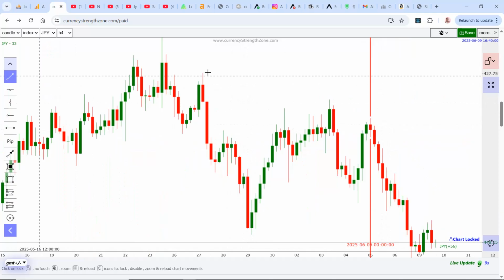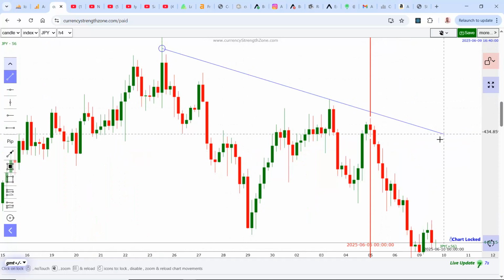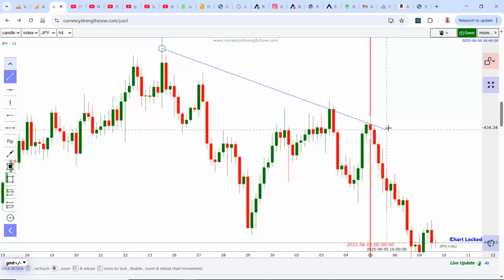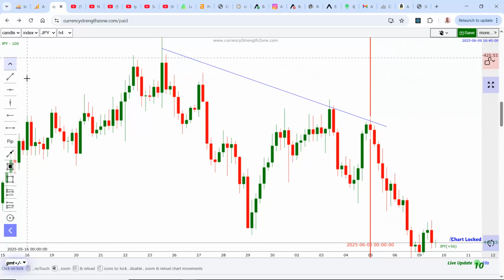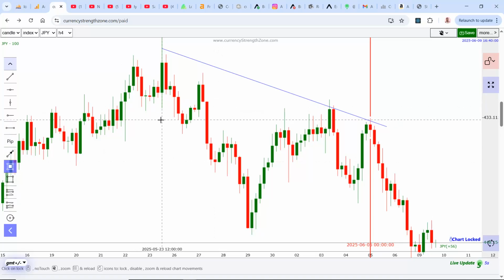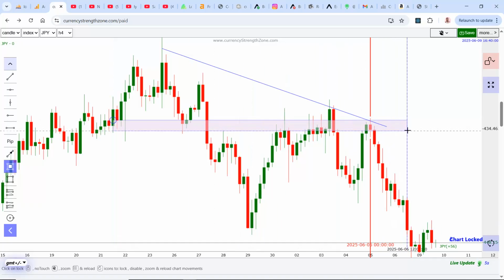So as you can see, you can have a trend line over here, a trend line setup indicating sell potential. You can have a support and resistance zone over here, where price always bounces from this zone. So we have a sell setup over here.